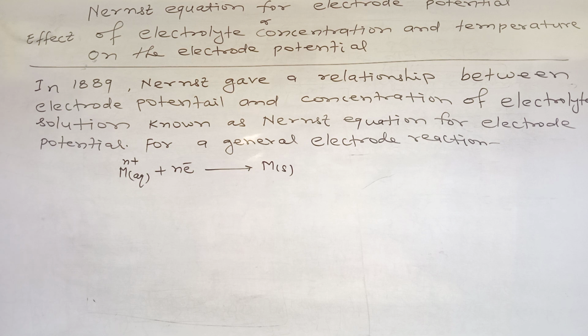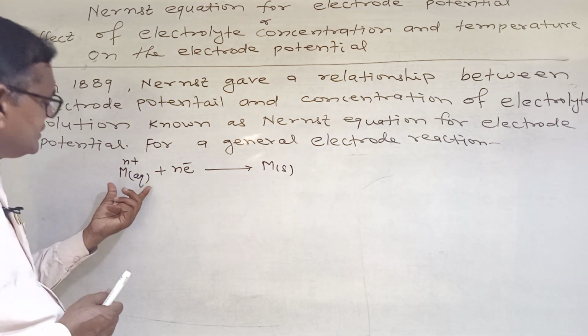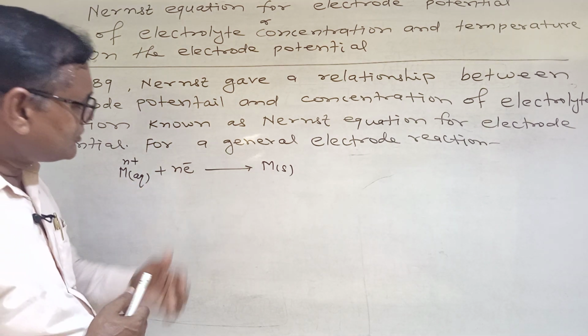It is a reduction potential. It is the concentration of the ion, and it is the electrode.